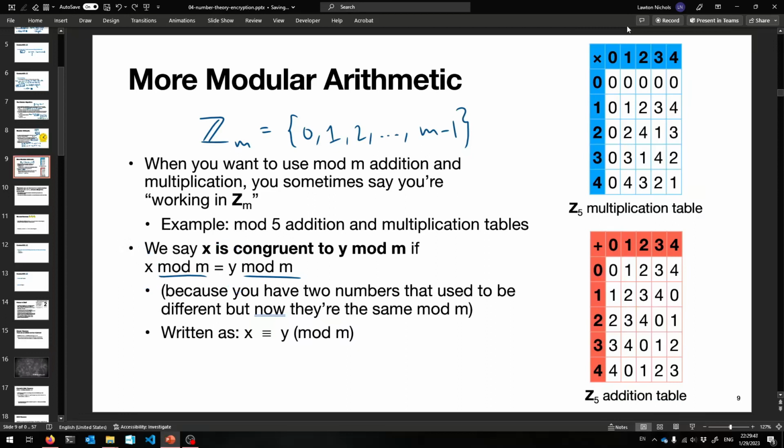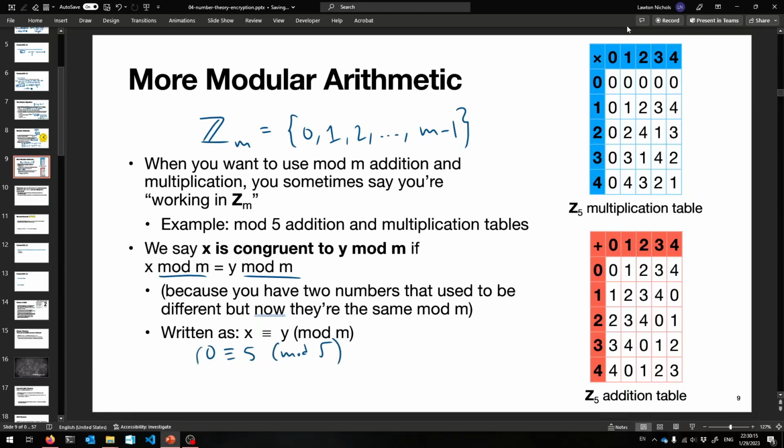They used to be different, but now they're the same mod m, so we say that they're congruent rather than saying that they're equal. So we use the equivalence symbol. X is congruent to Y, that's another way to pronounce that symbol, and then we put mod m in parentheses. Here are some examples. 0 is equivalent to 5 in mod 5.